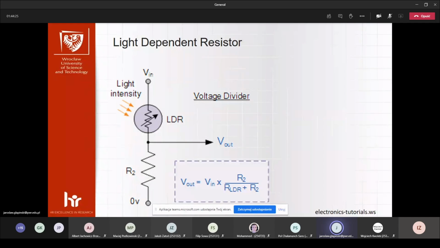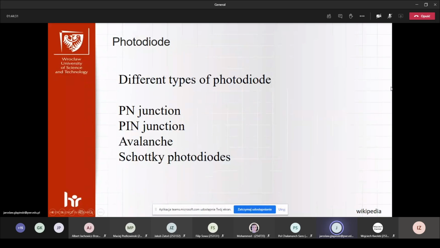But it's not the only solution to sense the light intensity. With a PN junction, as we know, we can use a simple diode, or we can use a photodiode, because if we can produce the light, maybe we can sense the light.